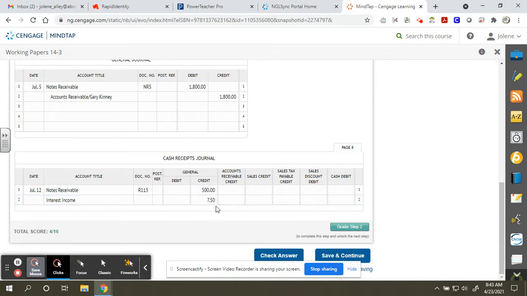That's all it cost her to borrow $500 for 60 days. So over here, this is how much she's actually paying back for the whole thing, and so you have to add these two. Remember, your debits have to equal your credits, right? So she is actually paying back $507.50. And that's all there was to that transaction.